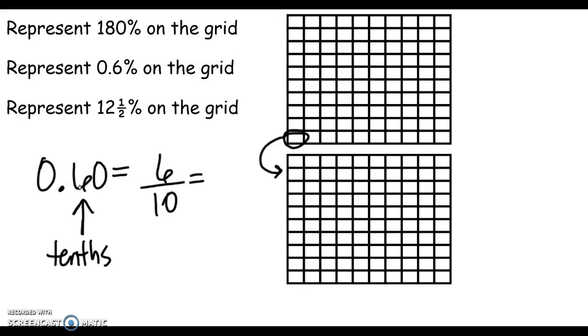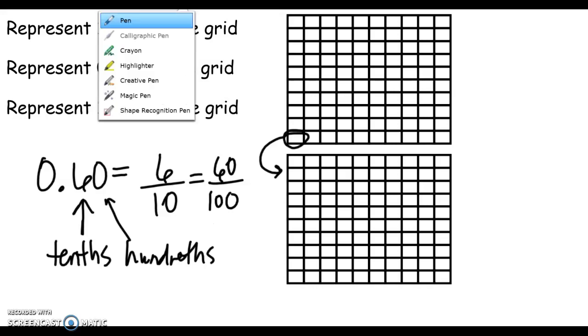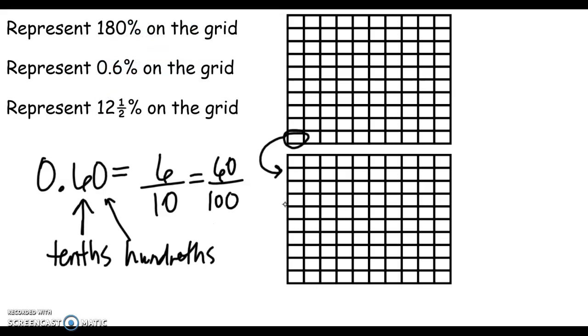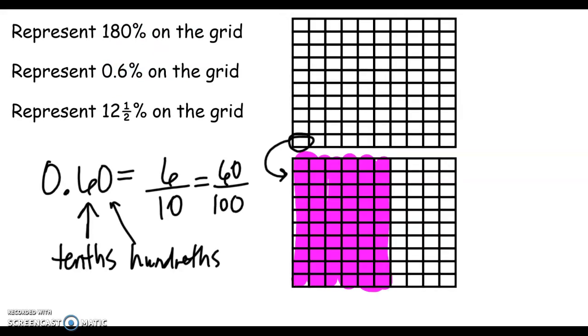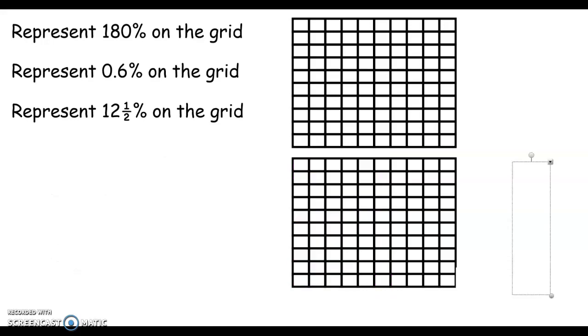We know that 0.6 is the same thing as 0.60. Then the 0 is in the hundredths spot. And we know that we could write as 60 over 100. So we could then fill in 60 individual squares. Okay, so let's fill that in, and that is 0.6%.